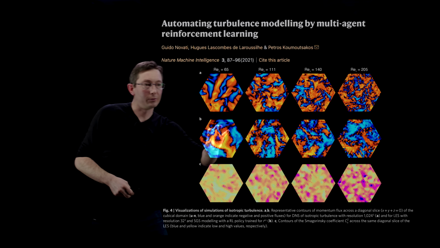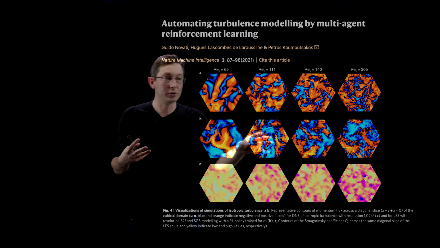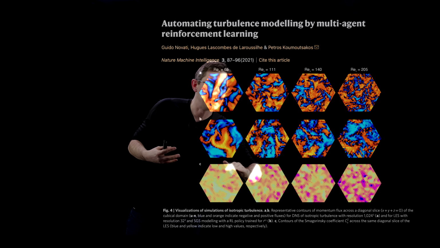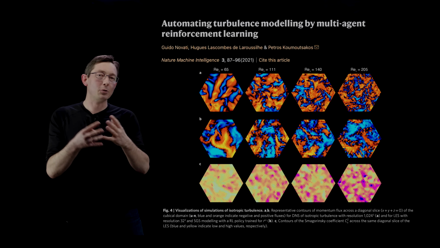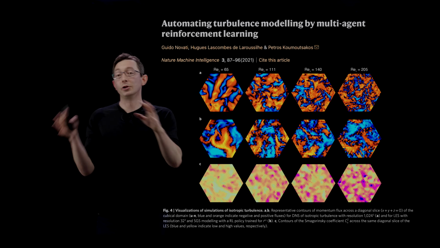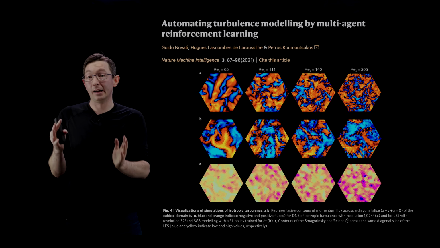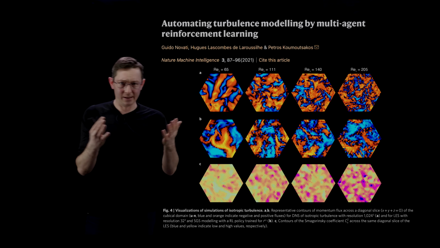I believe the second row is the LES, these large eddy simulations at a coarse resolution, and then these are the Smagorinsky coefficients below. If you really want to know quantitatively how well this is doing, you should check out their paper, where they have very nice quantitative scaling plots of accuracy versus resolution and things like that.